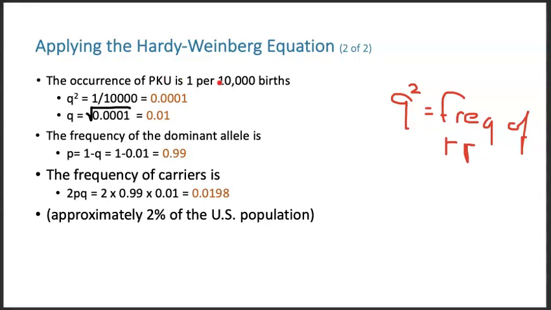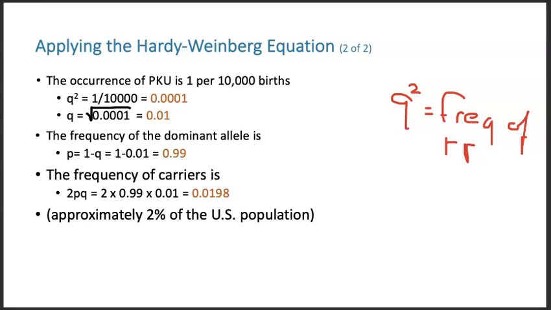So if we know that PKU occurs in 1 in every 10,000 births, then we can calculate q squared super easy, because all we have to do is a frequency. 1 divided by 10,000 is equal to 0.0001.